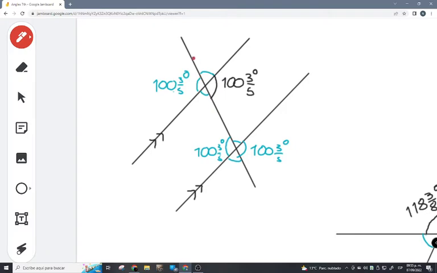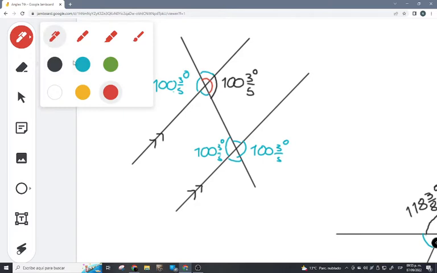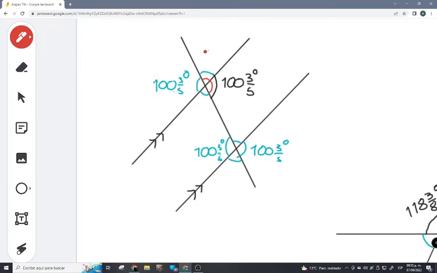So let's think about it. Since this is a straight line, these two angles should add up to 180. So we need to complete 180 here. 103 and 3/5, and the measure of this angle should add up to 180. And you may think, well, easy, 80 degrees. 80 and 100 is 180.